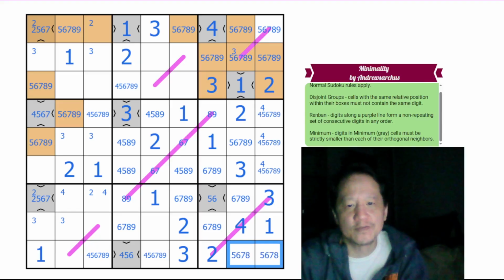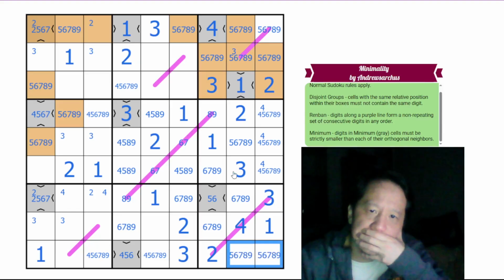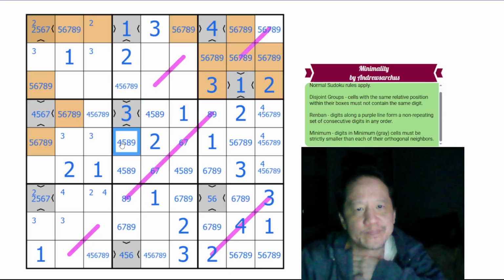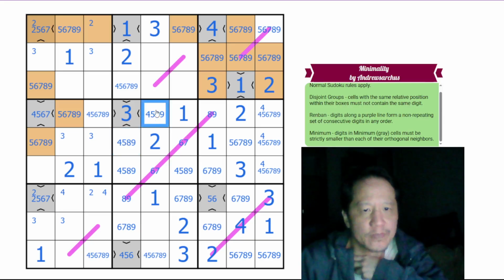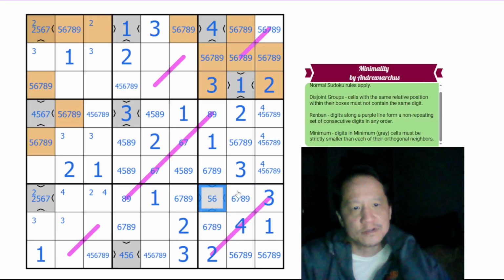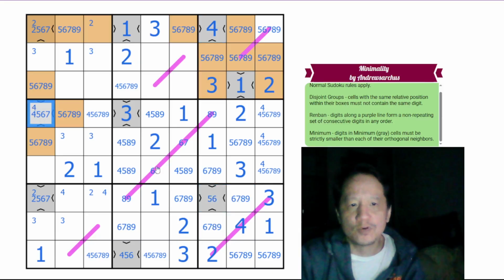This is 5 through 9. Obviously no 3 there. We don't have a restriction here. It could be both 4 and 5 there. So that doesn't restrict anything else. 4 eliminates 4 in the upper left-hand cell.